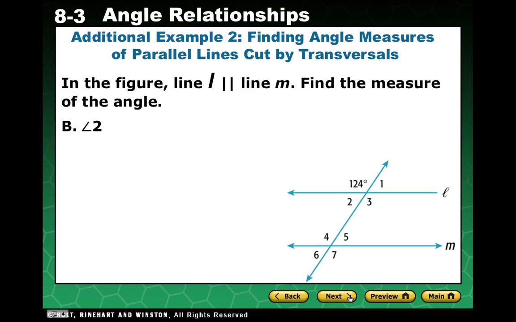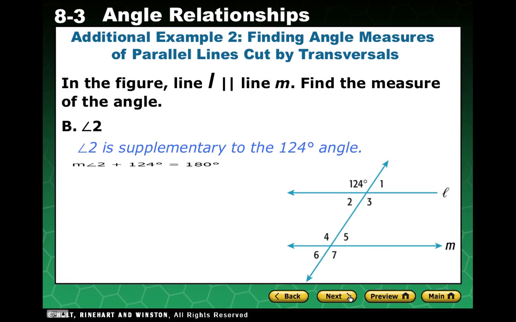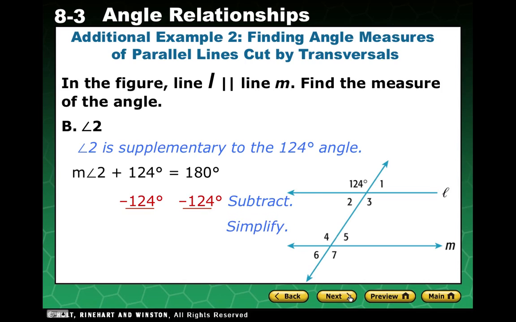So you'll find the difference between 180 and 124, and we find that angle 2 is 56 degrees. We also know if angle 2 is 56 degrees, so is angle 1, so is angle 6, and so is angle 5.